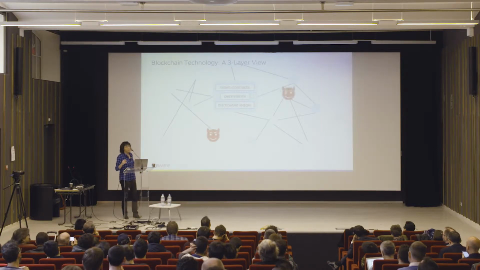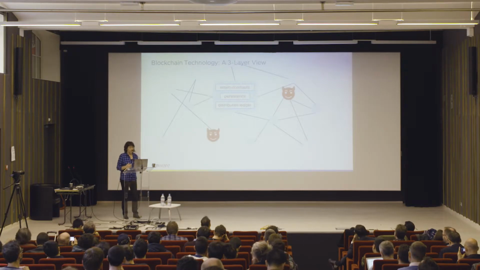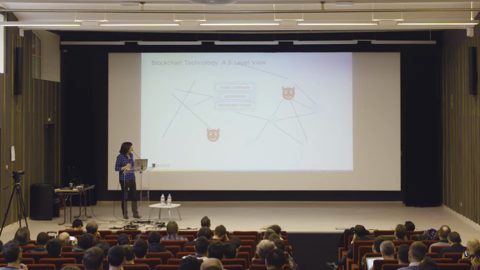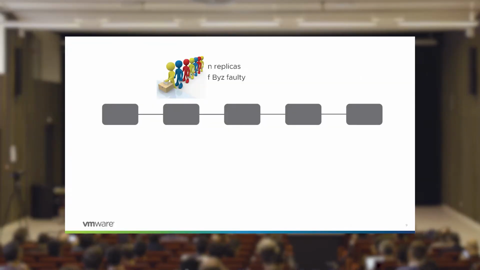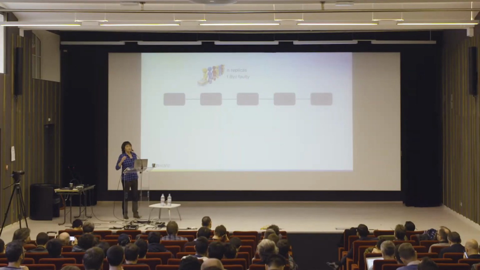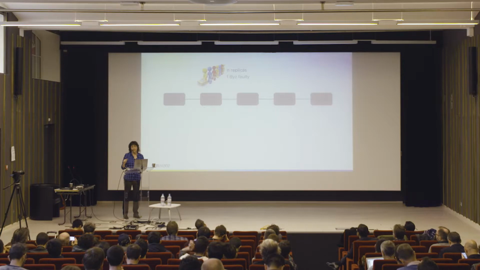And some of them might be corrupt, but they're running this distributed protocol that allows them to replicate this state machine. So again, in the blockchain world, you can think of it as a blockchain. This is the log of updates. Here, every log entry is pictured as a rectangle, so you can think of it as a block.